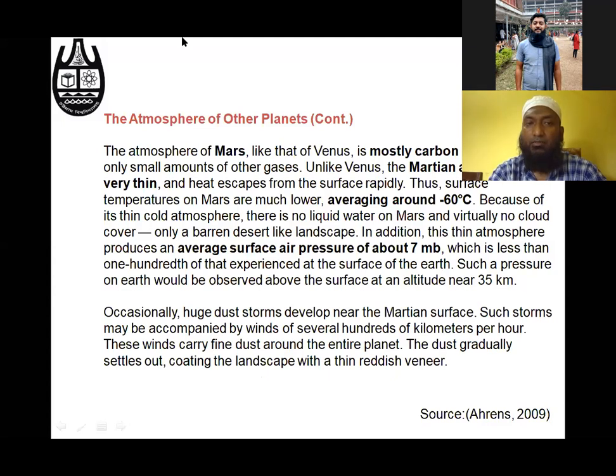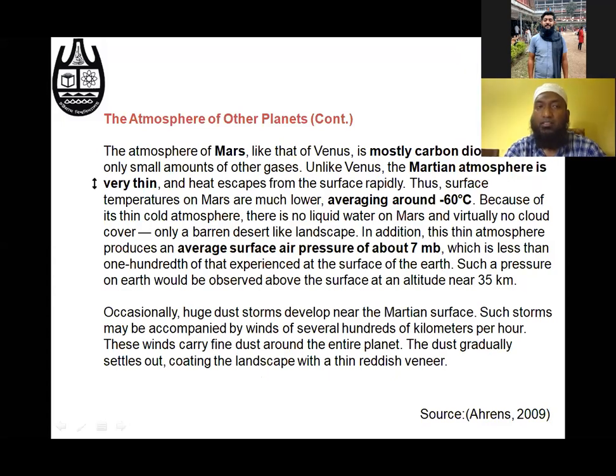Like Venus, we can also discuss Mars, because Venus is on one side of our cases. On the other hand, Mars also looks like Venus, but even though it has mostly carbon dioxide, its atmosphere is very thin.